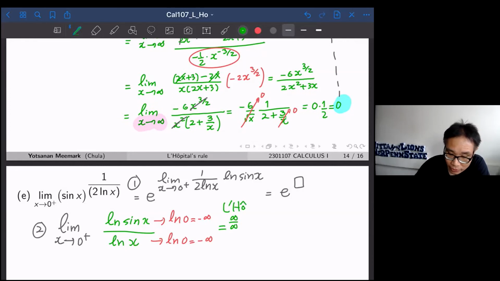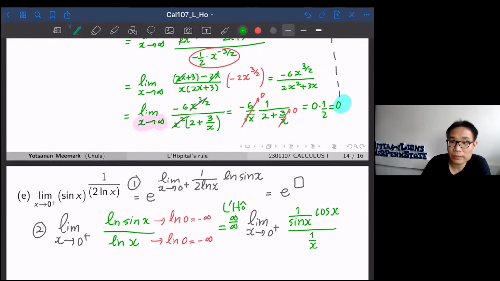So in this case, it's going to be limit x goes to 0 from the right, and you differentiate log sine, which is going to be 1 over sine x, and the derivative of sine is cos. So that one term, and you differentiate log x, which is going to be 1 over x.